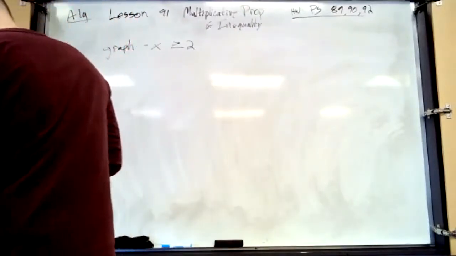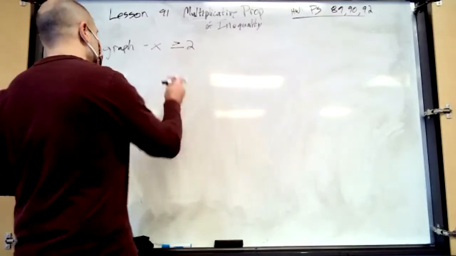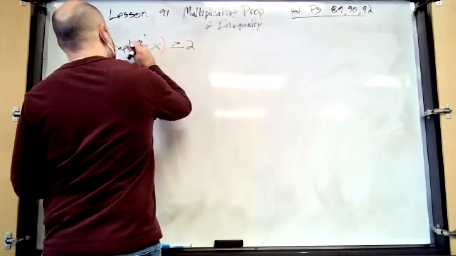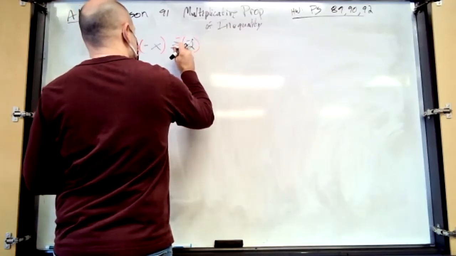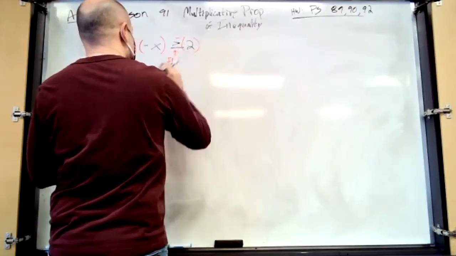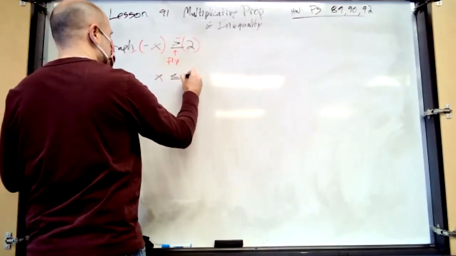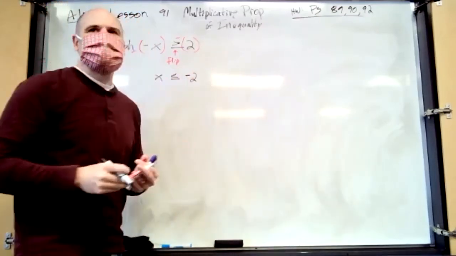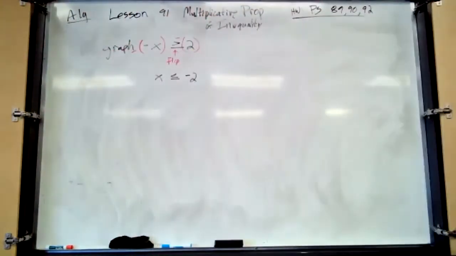Divide by -1 or multiply by -1, right? If I multiply by -1, then I have to flip this. Okay, so now I've got positive x is less than or equal to -2, which makes sense because the opposite of -3 is 3, which is greater than or equal to 2.